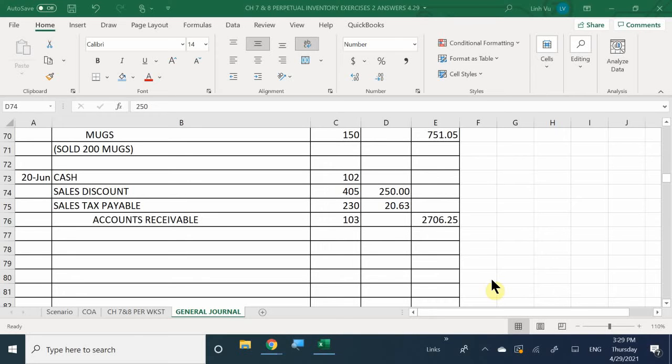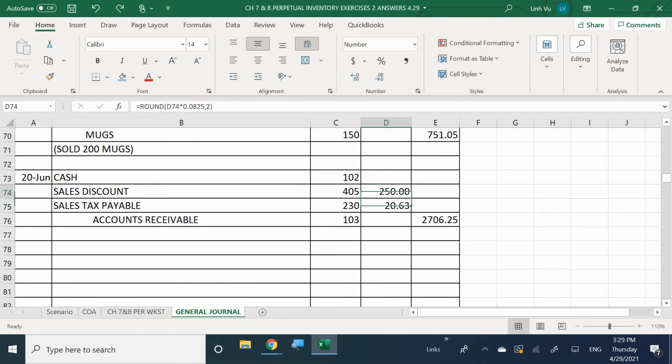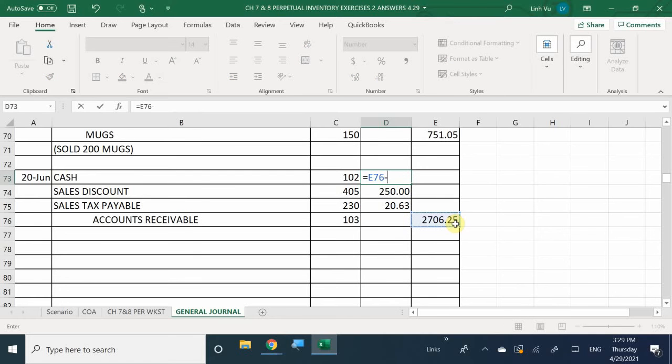Okay. So then, how much cash should I be receiving from customer A? $2,435.62. Good, right?